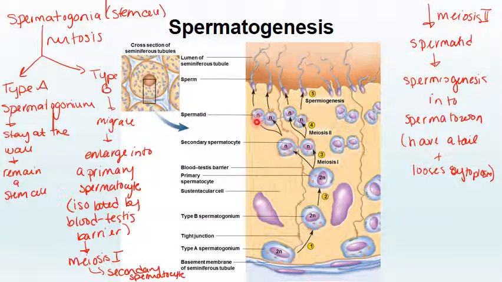Each of those are then going to go through another round of division, that's meiosis 2, and they're going to form these spermatids. So these spermatids, they do not look like sperm as we know them, okay, so they look like little cells. The process from being a spermatid to being a sperm or a spermatozoon is going to be called spermiogenesis.